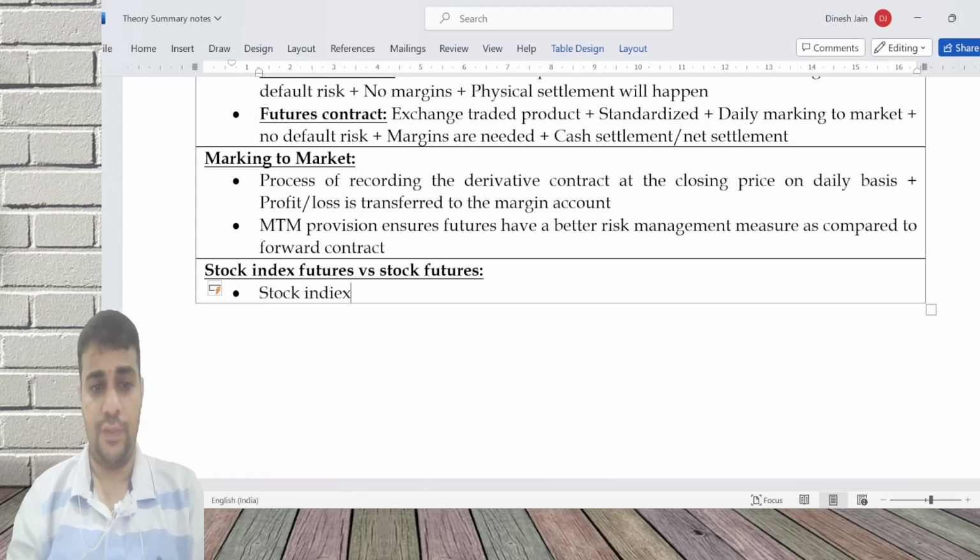Stock index futures are subject to less manipulation.